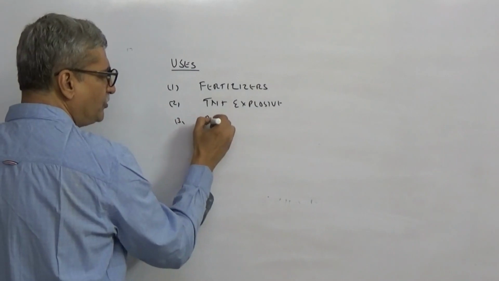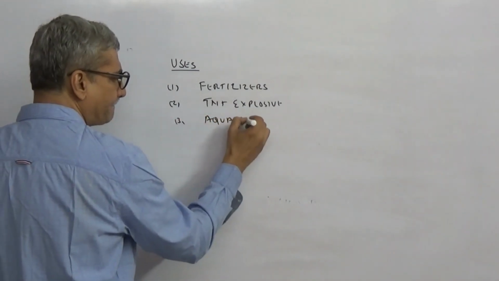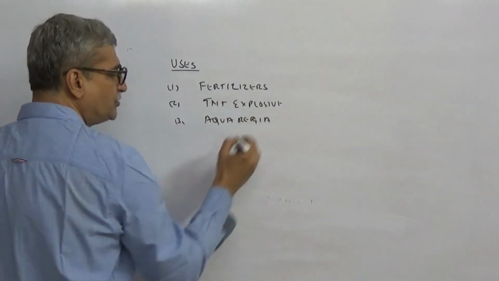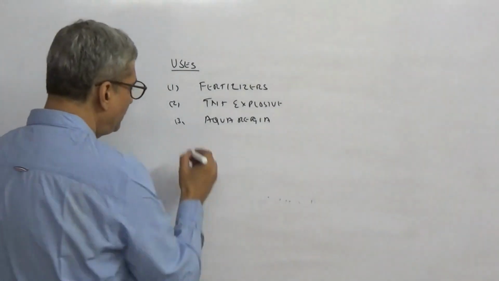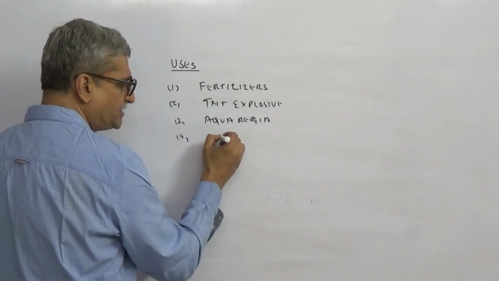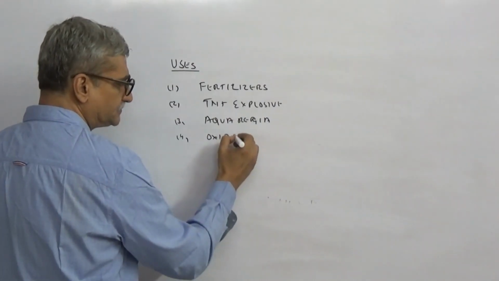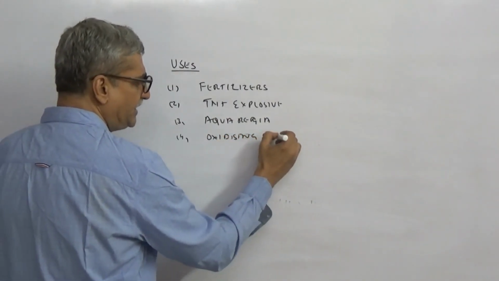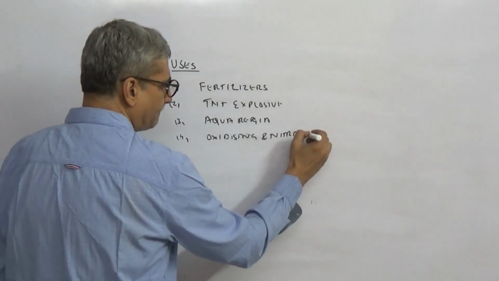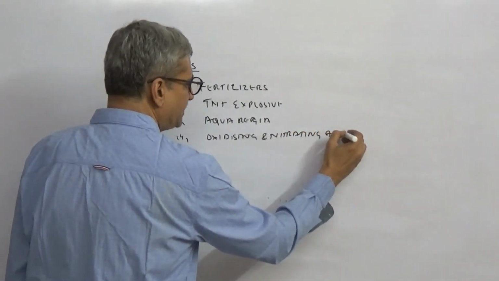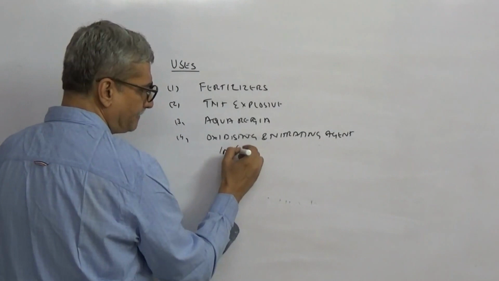Used for making aqua regia, which is used to dissolve noble metals like gold, and used as an oxidizing and nitrating agent in organic chemistry.